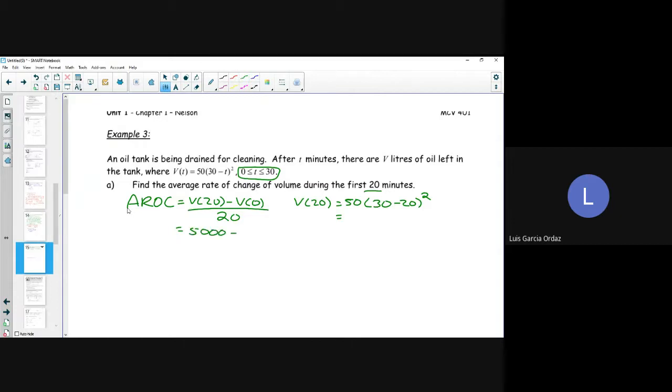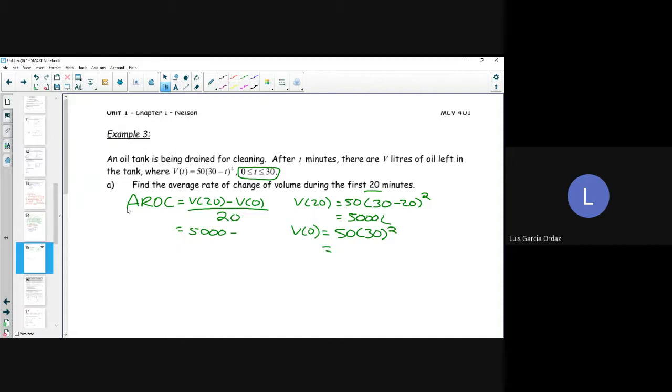And I need my volume at the start point, which is 0, so it's 50 times 30 squared. What would my volume be at the very beginning when no time has elapsed? 45,000.